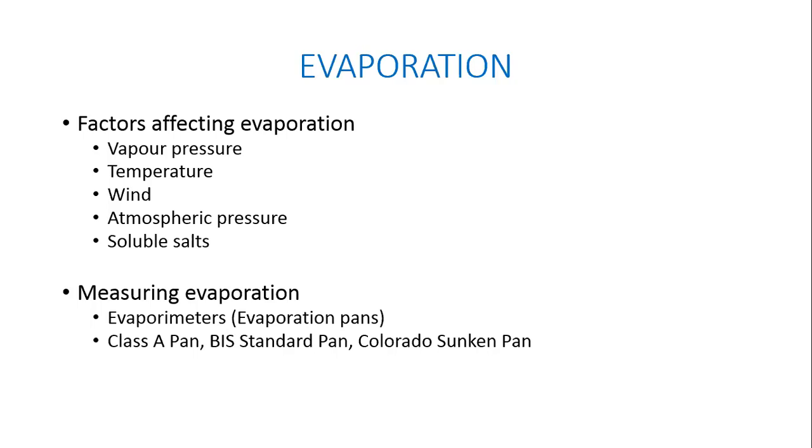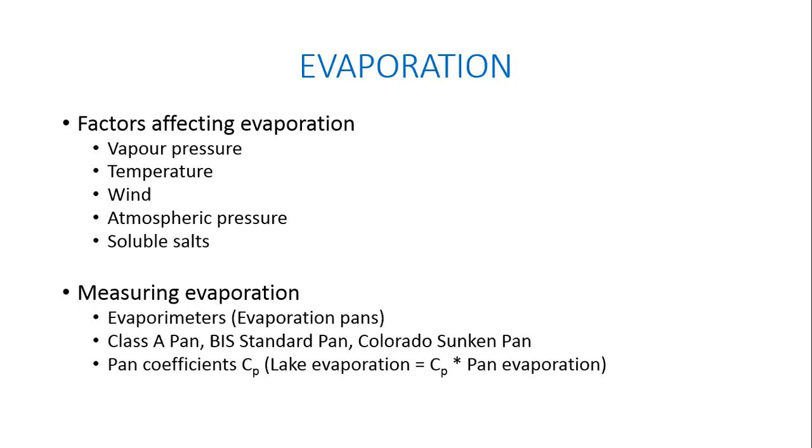Assuming there was no precipitation overnight, whatever water has been lost must have been lost due to evaporation, right? So that is what is called the pan evaporation. From the pan, whatever water evaporates is called the pan evaporation. It's one way of very quickly measuring what the evaporation rates are. Usually these pans come with what is called a pan coefficient, which is typically referred to as CP.